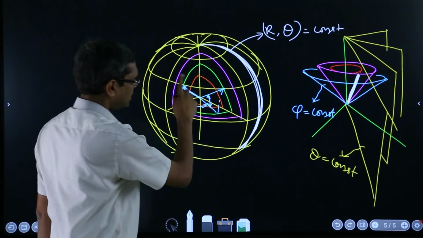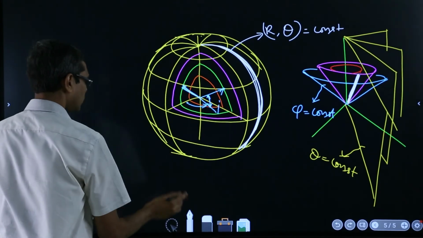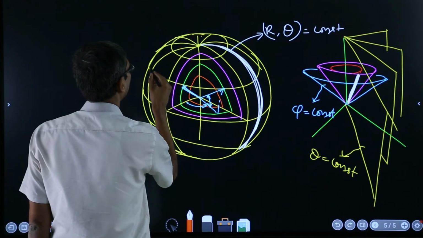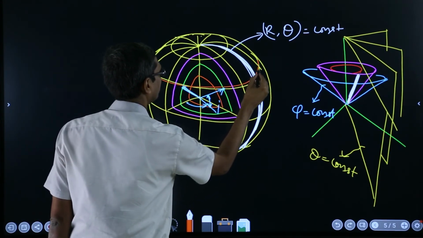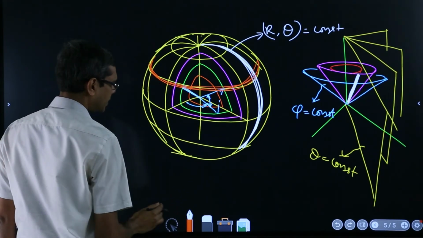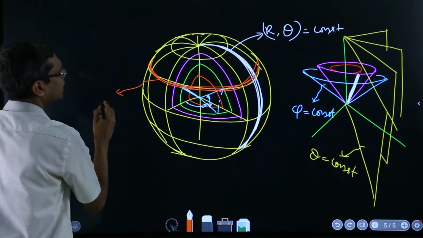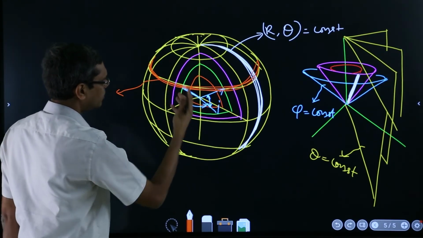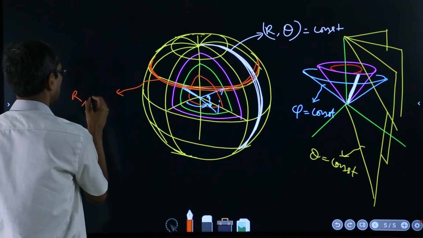So only phi changes, and on, say, these kind of lines, maybe here, which are the latitudes, phi is constant, and these are cones.